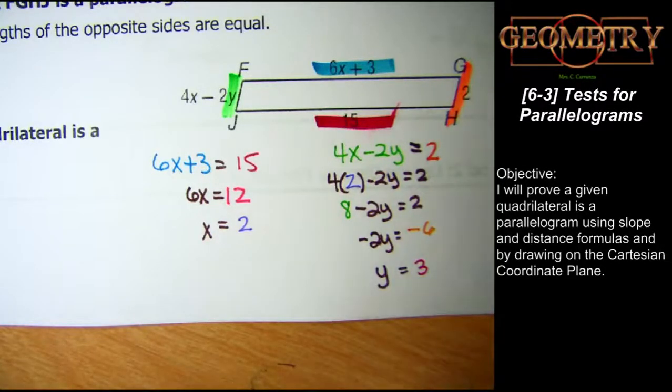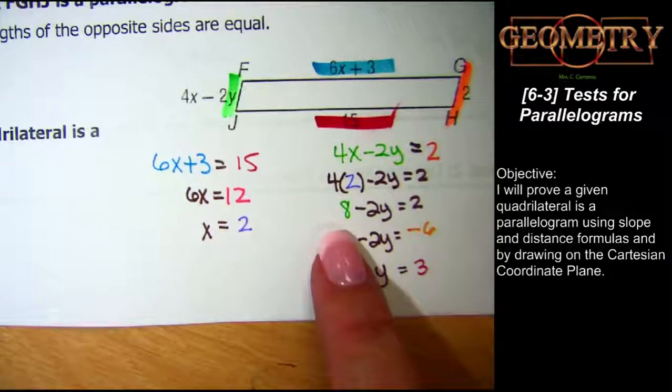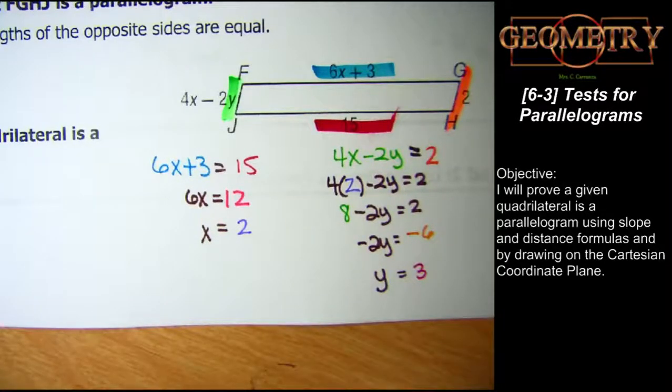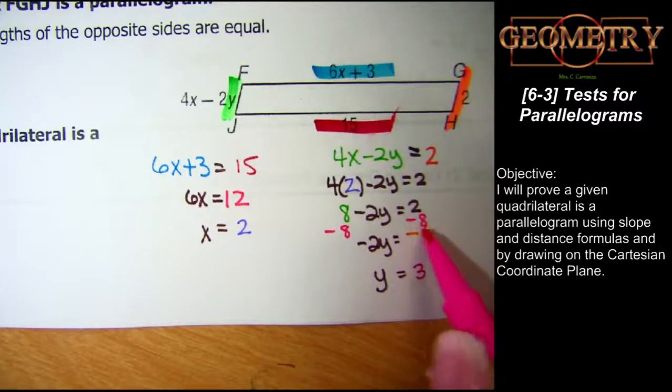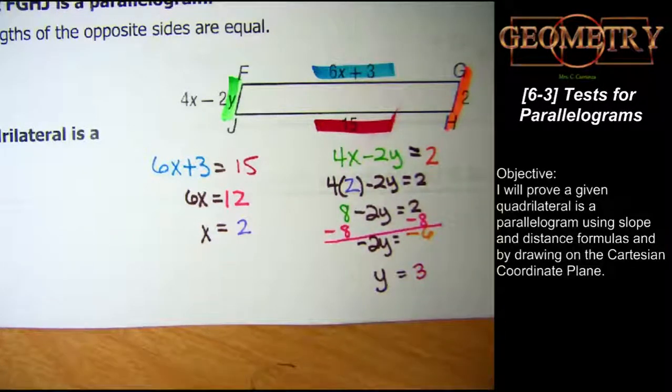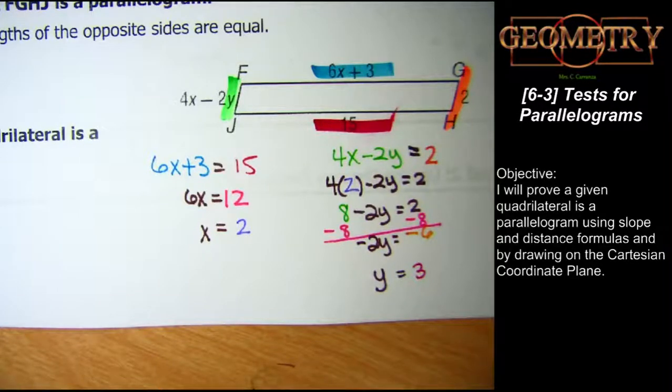All right, so please double check my arithmetic and let me know if there's any lines that you're not sure of. Why did I do minus 6 here? Because I subtracted 8 from both sides. 2 minus 8 is negative 6. Yes?